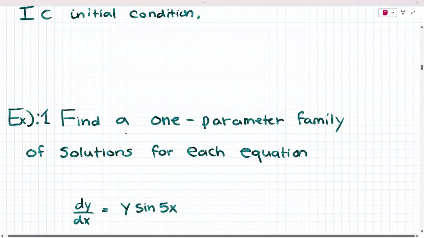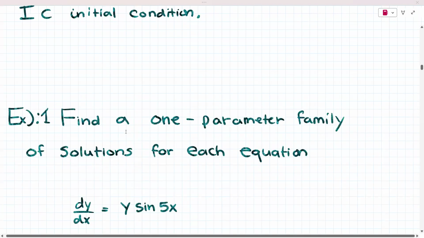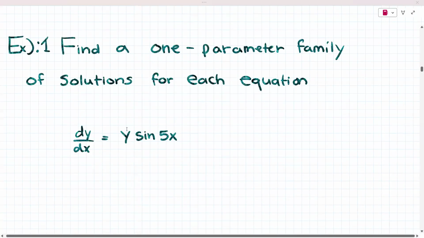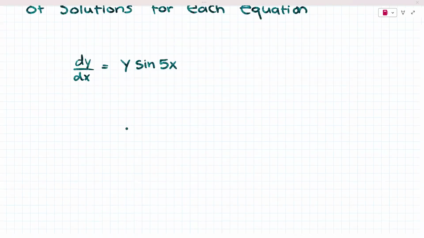So let's do example 1. Example 1 says find a 1 parameter family of solutions for each equation, and we are not given an initial condition. So we have dy over dx equals y times sine of 5x.